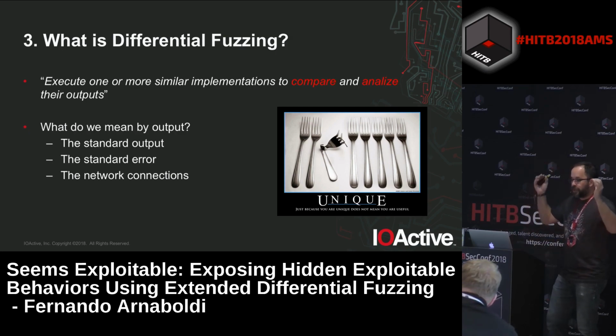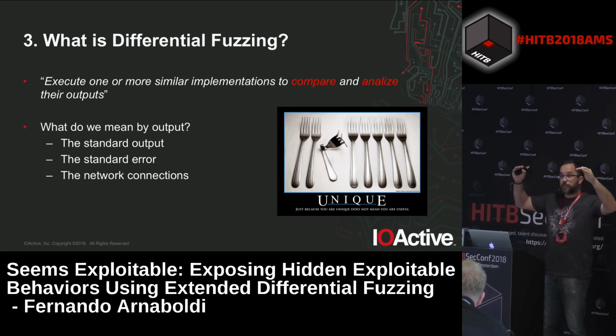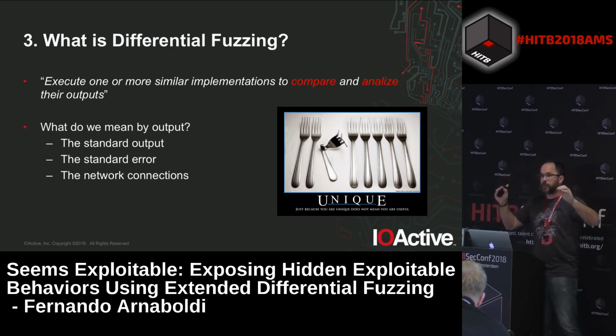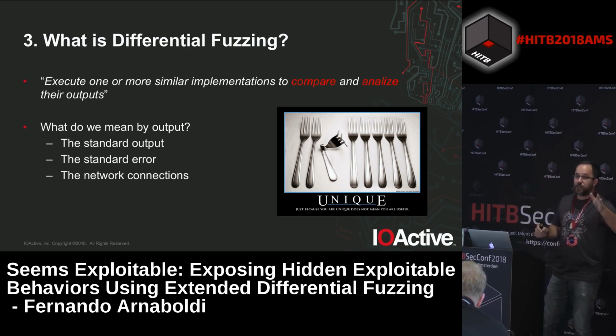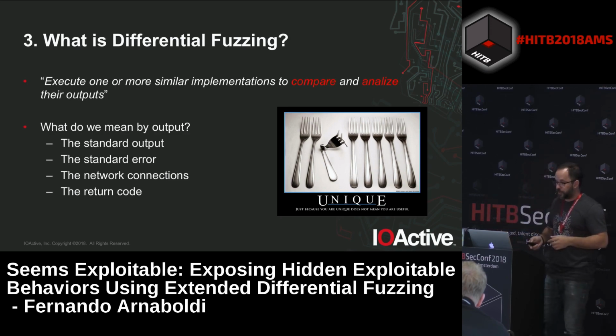Of course, if you're testing two browsers at the same time, and one of them opens a network connection and the other doesn't, one of them is probably wrong. Either the test case shouldn't have been opened, or the test case should have been opened and the other browser cannot handle that type of input.